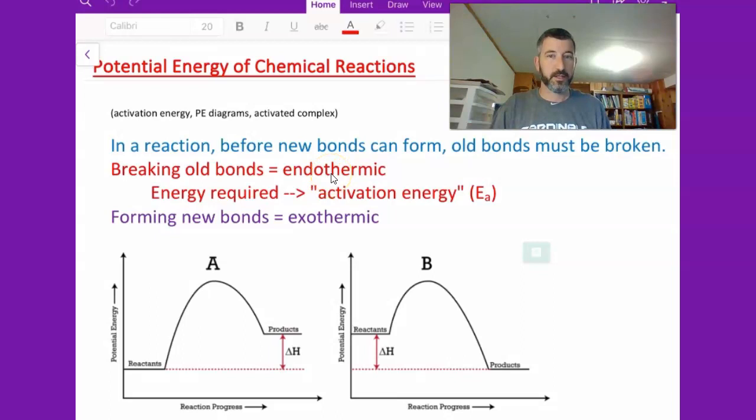And that's the first thing that has to happen. So breaking the old bonds is endothermic. The energy required to do that is referred to as the activation energy. So if you can imagine striking a match on that little gritty sandpaper surface on the box or the matchbook, that friction is supplying the activation energy to get the reaction started.